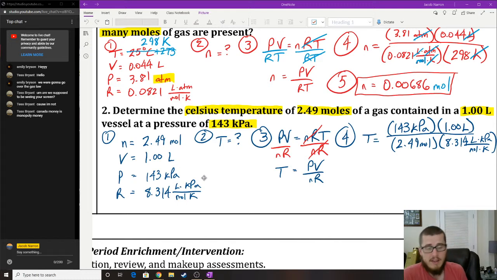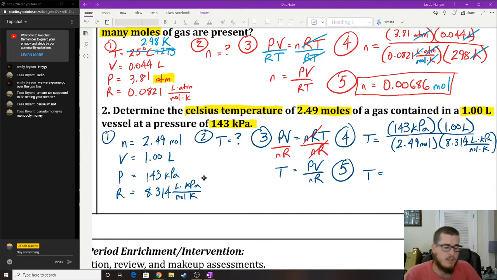So I'm going to go ahead and do the math in my calculator and find out what all this is equal to. T is what I'm looking for. In my calculator, I do 143 times 1. Wow, it's 143. Then I'm going to divide by 2.49 because that's on the bottom. And I'm also going to divide again by 8.314.